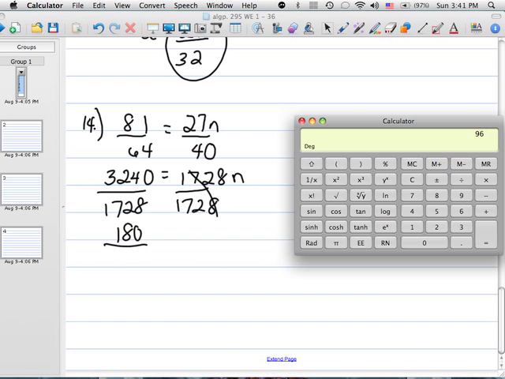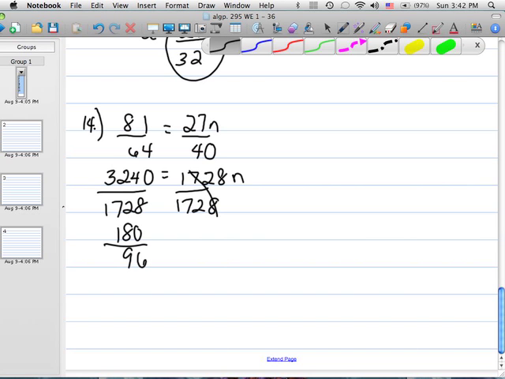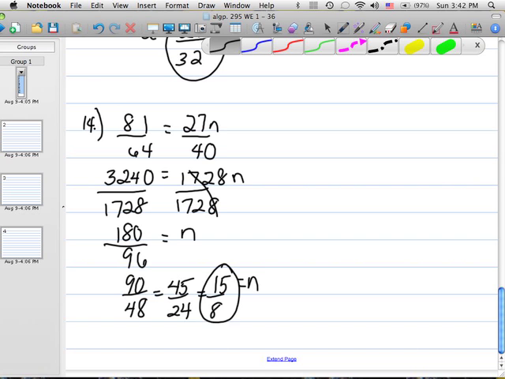I get 96. And they're both divisible by 2. So that would be 90 over 48. That's still divisible by 2, so 45 over 24, which is divisible by 3, so it's 15 over 8 equals n.